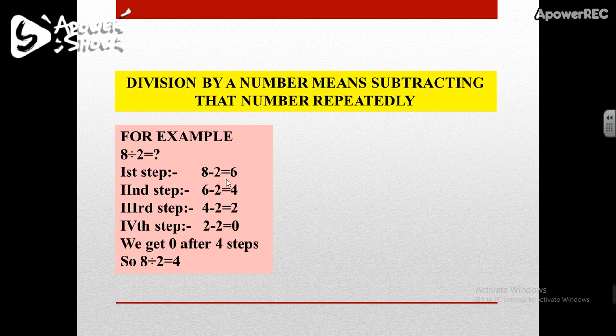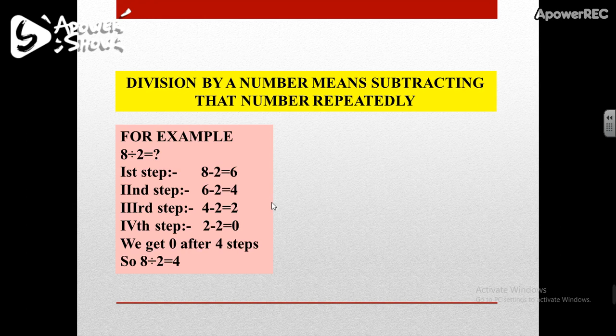Again subtract 2 from 6. So 6 minus 2 equals 4. Again subtract 2. So 4 minus 2 equals 2. Again subtract 2. So 2 minus 2 equals 0. So from here we are getting 0 after how many steps? We are getting 0 after 4 steps. That means 8 divided by 2 equals 4.